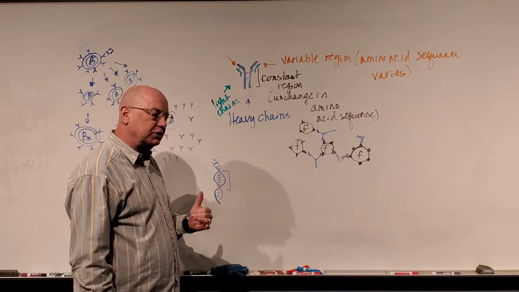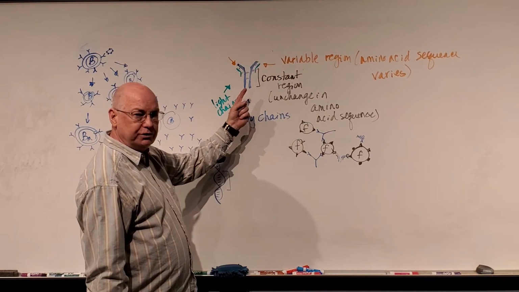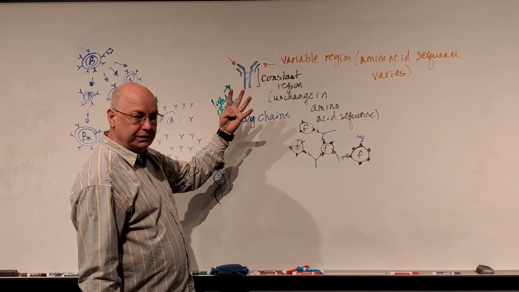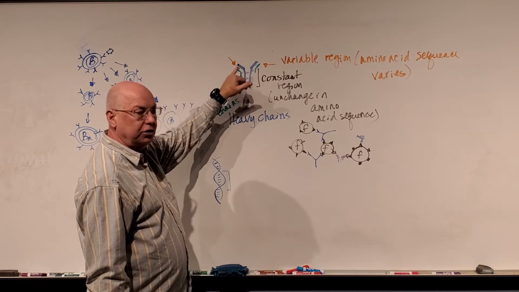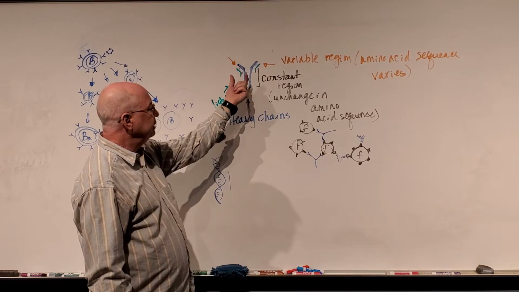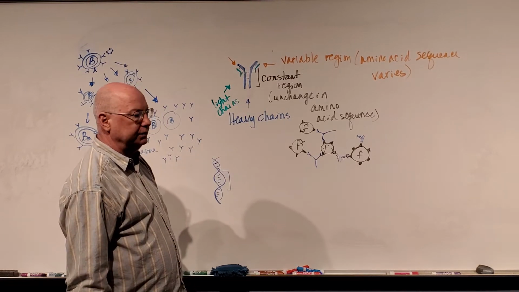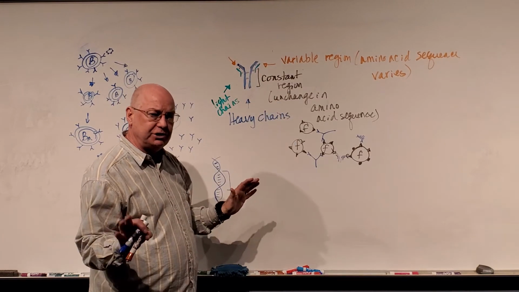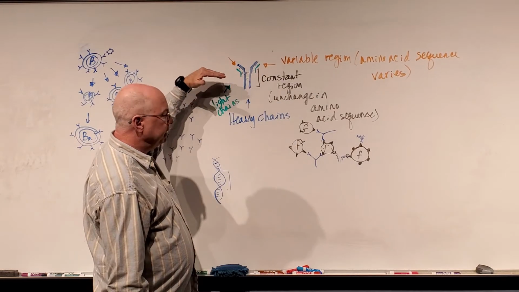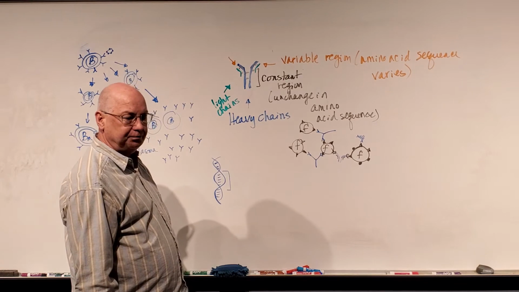So when we look at the structure of an antibody, they are Y-shaped proteins. They have four proteins involved in their complex: two heavy chains, the larger ones, and two light chains, held together by disulfide bonds. The constant region, the amino acid sequence, never changes from one antibody to the next; it's pretty much the same.